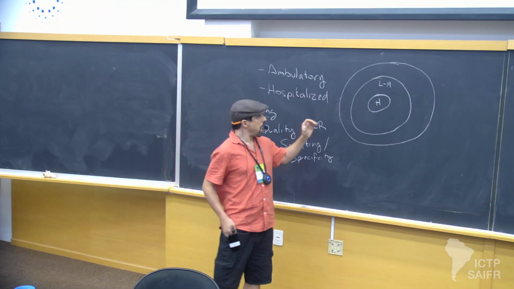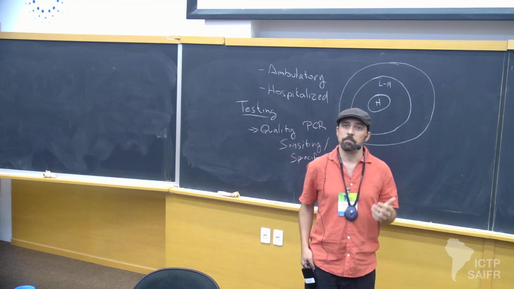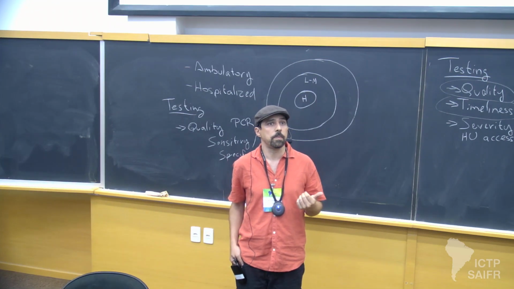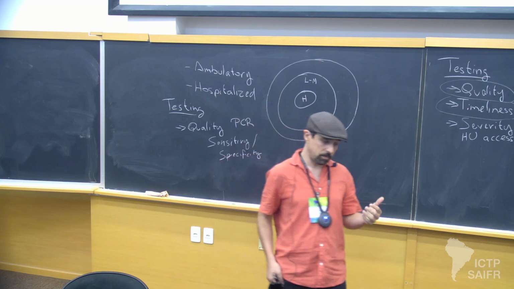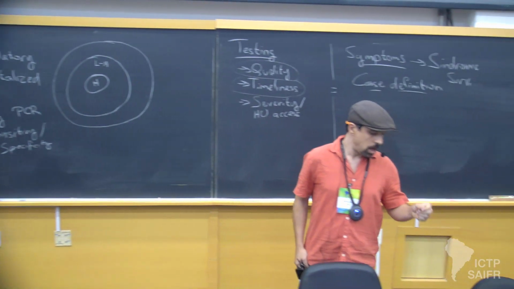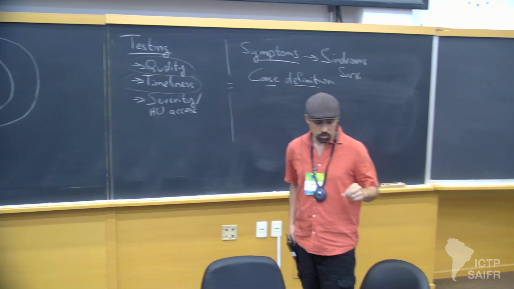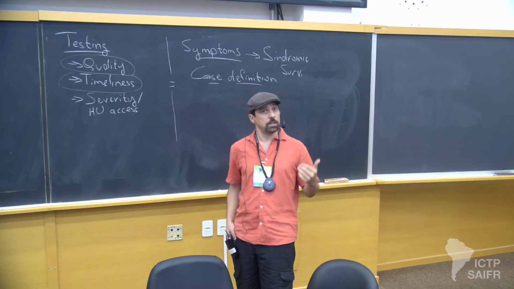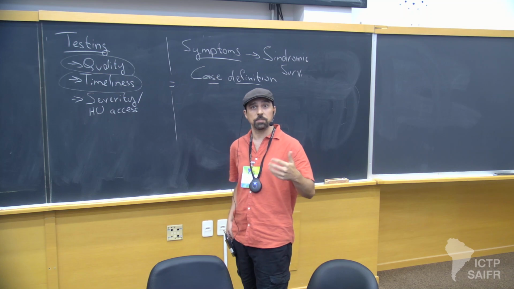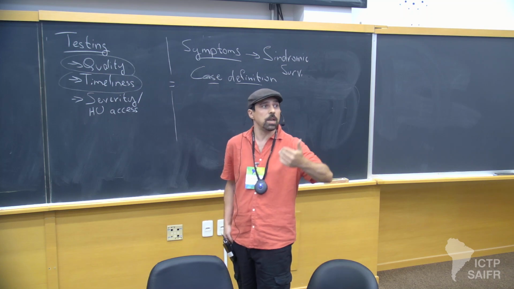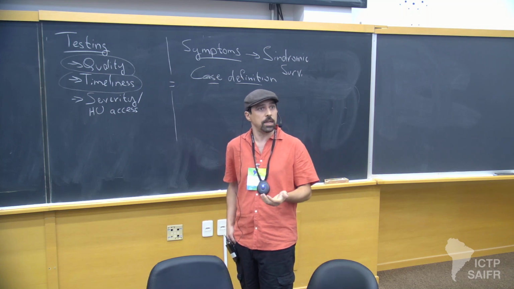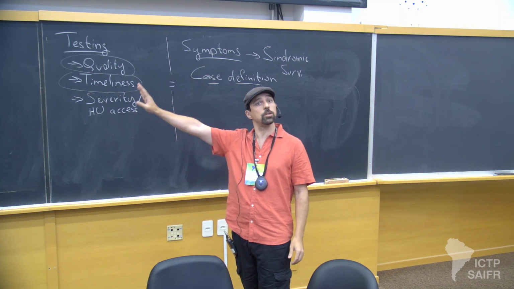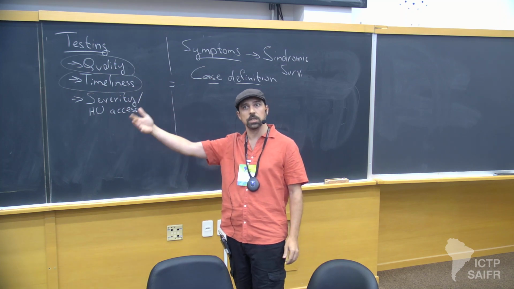So asymptomatic cases, depending on the disease, are not an actual problem. For a lot of diseases, asymptomatic individuals are not able to transmit, or the transmissibility rate is extremely lower than symptomatic cases. So I can ignore the asymptomatic. This is not always the case, but for some diseases, it is.